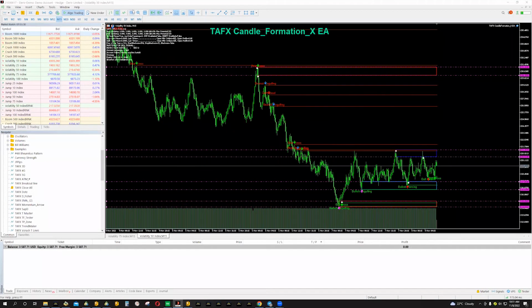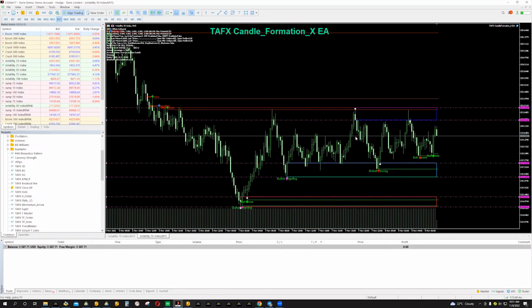Now, being in minute 15, and remember, we have the engulfing or candle formation in 4 hours. So what the EA will be trading in this minute 15, it will be looking for this supply and demand zone, which indicates support and resistance, and it will be waiting for any of the candle formation also in minute 15 to line up with the one in the 4 hours time frame, because the 4 hours time frame gives us, for instance, an engulfing or piercing or bullish harami, something like that.